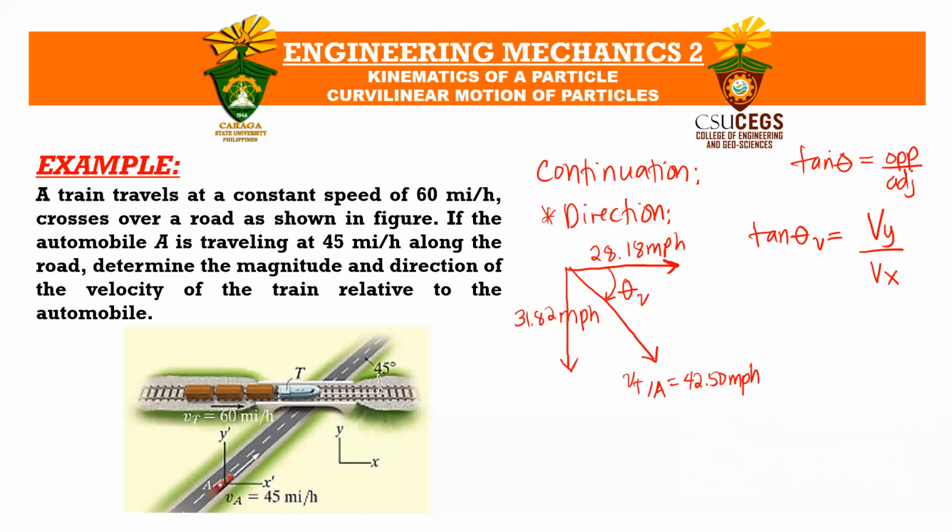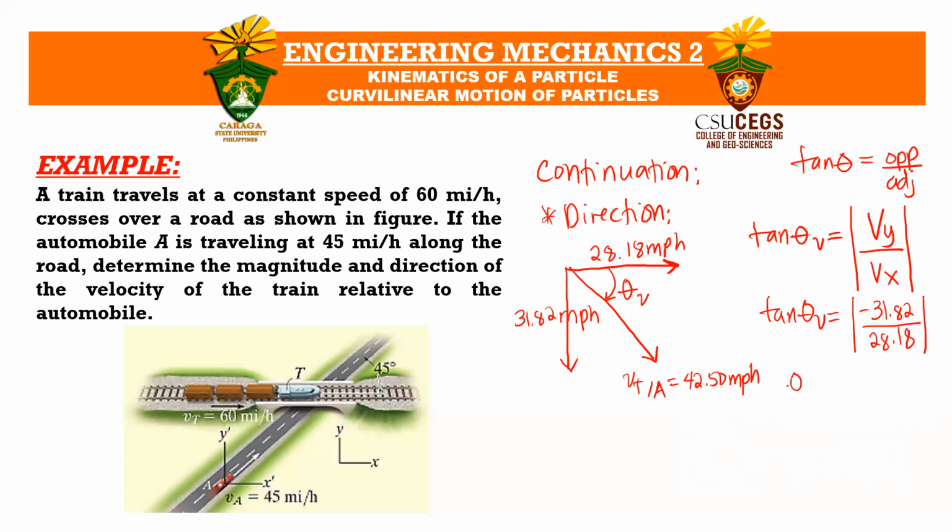And for that, for us to determine the tangent, make sure to use the absolute value. And we can substitute the x and y components. So the y component is negative 31.82 and the x component would be 28.18 miles per hour.